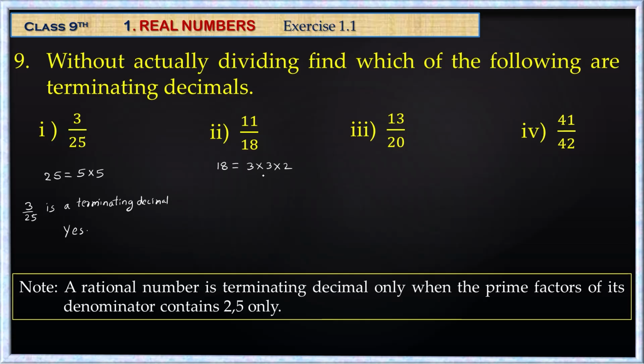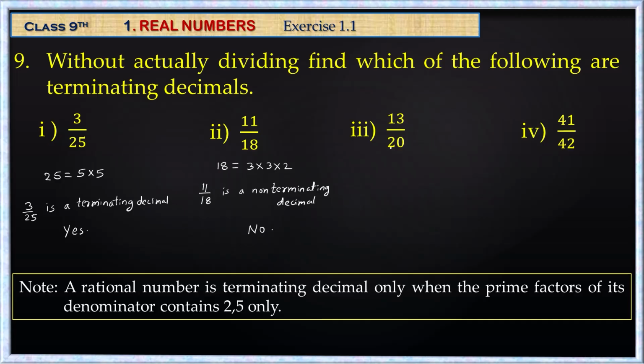So it is not a terminating decimal. So 11 by 18 is a non-terminating decimal. So we say that it is no, it is not terminating.